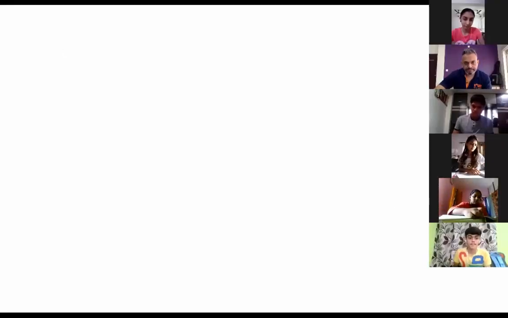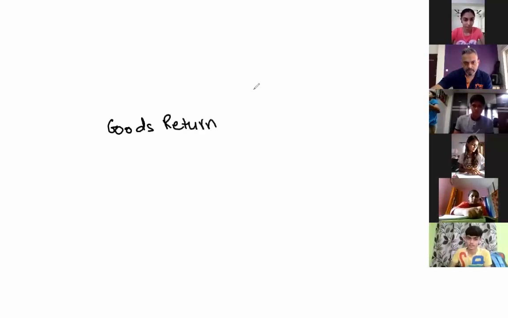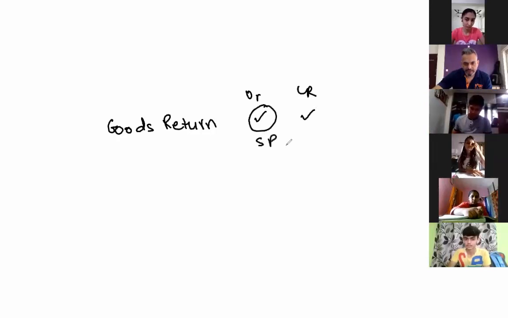Last year we had learned this. We have seen this in the chapter trial balance. Now, normally for goods return there is a debit balance or a credit balance. So we know debit balance is sales return and credit balance is purchase return.